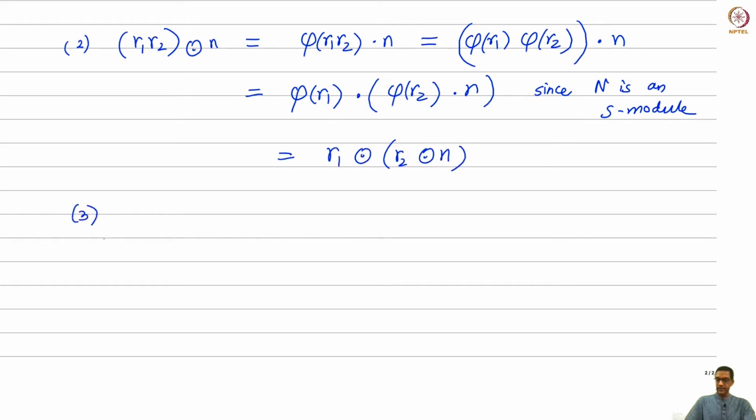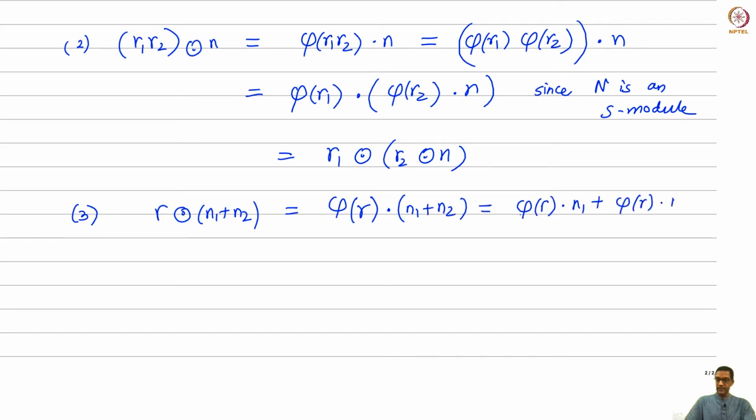Axiom 3 says if I take R acting on n1 plus n2, so this is phi of R, the usual action on n1 plus n2, but then this satisfies this axiom, phi R n1 plus phi R n2, again because N is an S module.